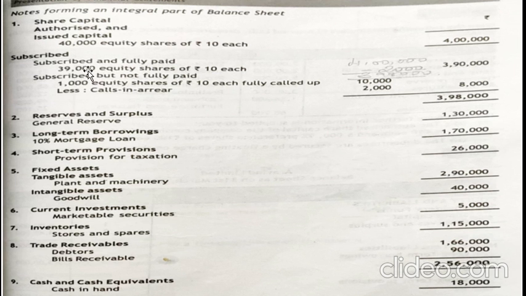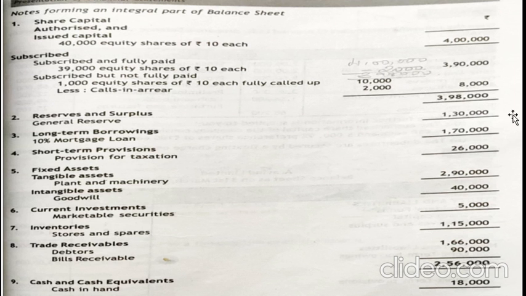Why did you subtract this? Because you have calls in arrears which has not been fully paid. So only 39,000 is fully paid and 1,000 is not fully paid. This is a direct method where subscribed is 4 lakh and calls in arrears which is not paid is 2,000, so you will get directly 3,98,000.